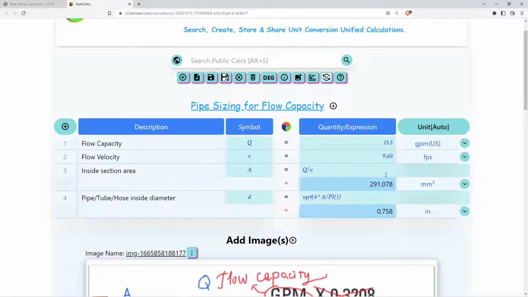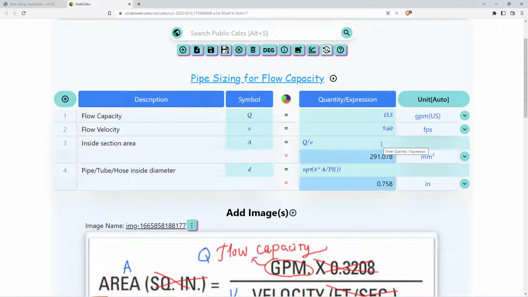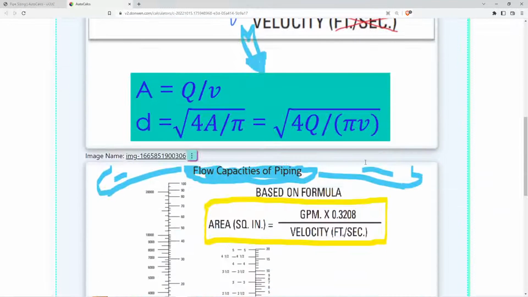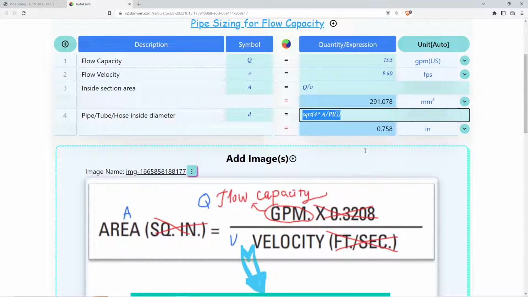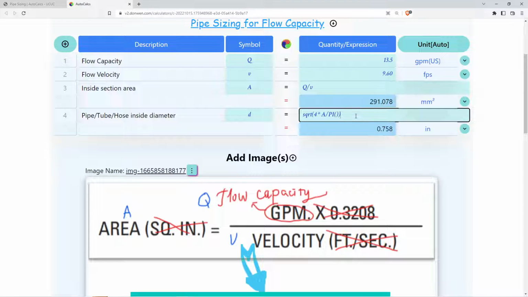But with this unit conversion unified calculation, you can see these are just very basic equations, so simple to understand. Just use it as it is. There is no conversion on the user side.